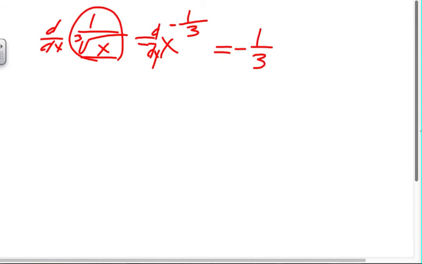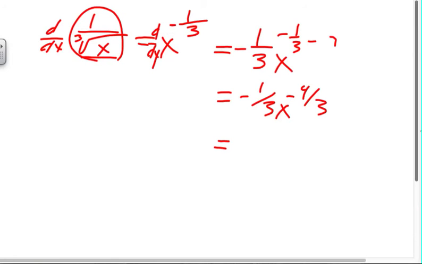It's negative 1/3 x to the negative 1/3 minus 1, which gives me negative 1/3 x to the negative 4/3, which is going to give me negative 1 over 3x to the 4/3.